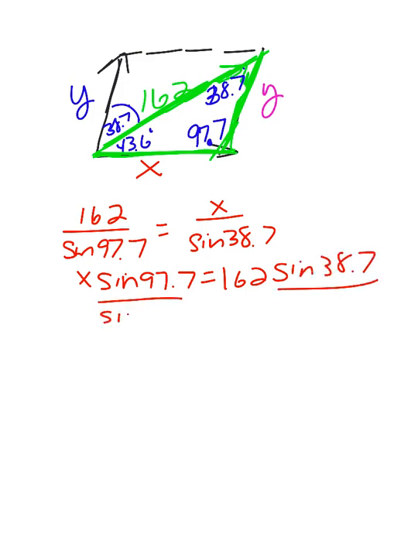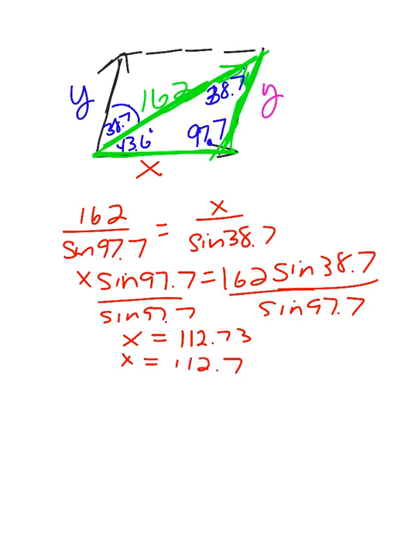Divide by sine 97.7, and we get 112.73, which is 112.7.